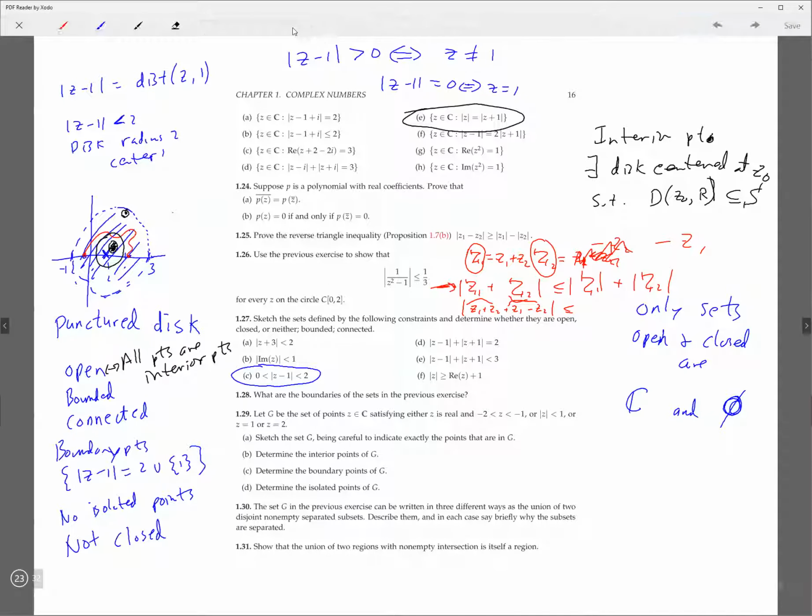One thing to note with number 26 is that this part right here means that the modulus of z equals 2. Being on the circle, this is the circle with center 0 and radius 2. That means that your modulus is going to be 2. So that's another way of writing this circle right here, that the modulus is 2.